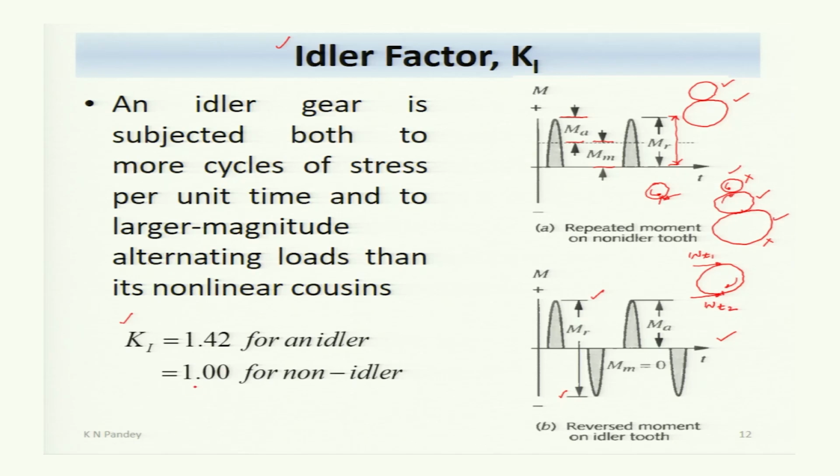The meaning is, for the case of the idler, because it is subjected to more stress amplitude and more range of stress, the actual transmitted load W will be Wt multiplied by Ki, and Ki is 1.42, and therefore a 42% increase in load is made due to this different type of loading system.